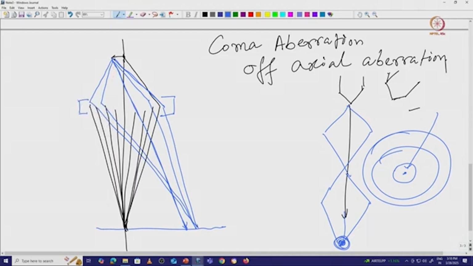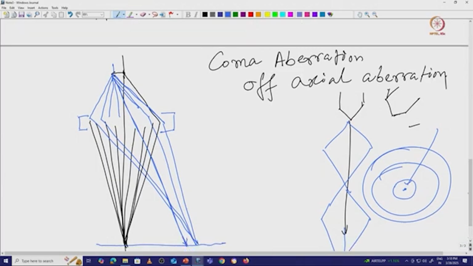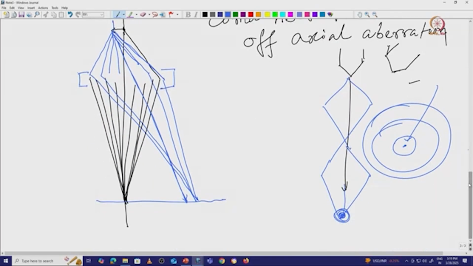Now if more rays are coming out, those rays will come and merge in this particular point, and the same thing is going to happen.